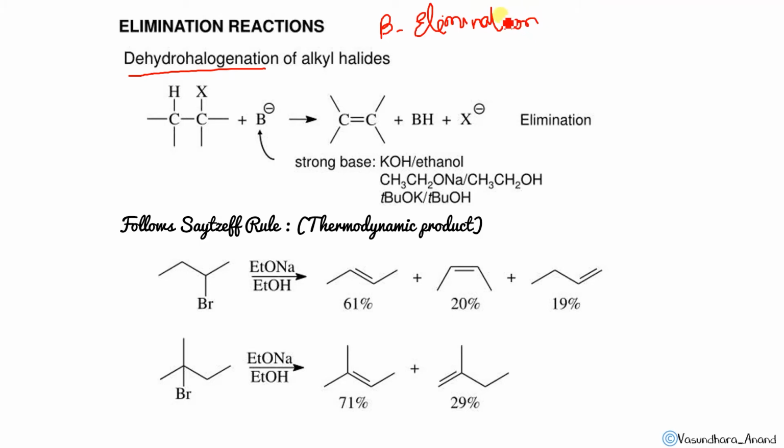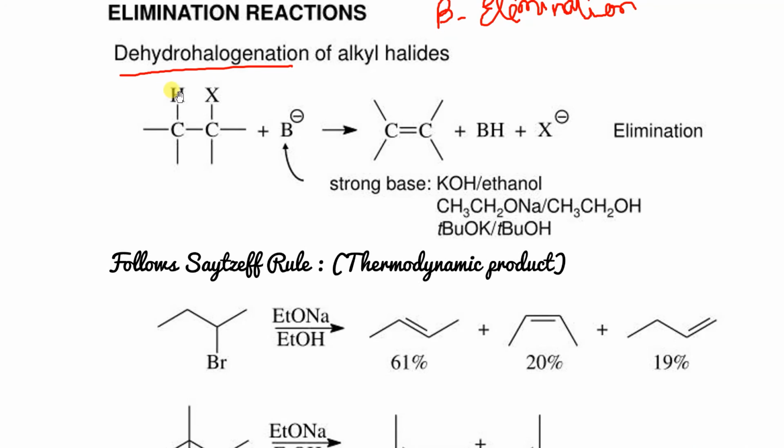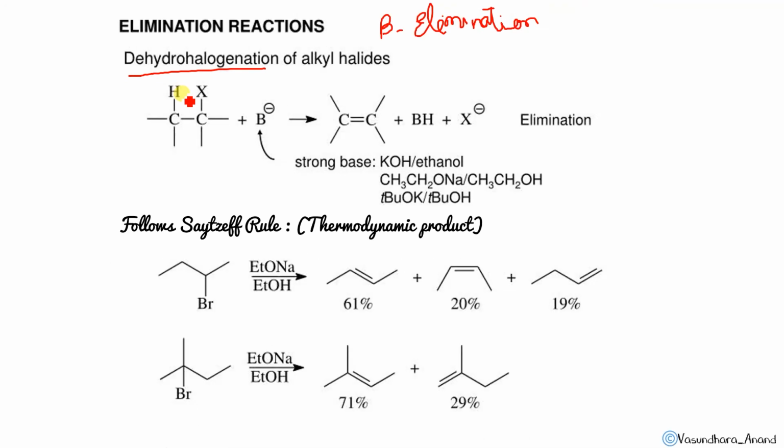Okay. So in this case, this is the alkyl halide. First, if it reacts with B minus, in short, it can be a strong base, it can be a weak base, temperature dependent, temperature not dependent. I'm going to tell you one by one. So if it reacts with the base B minus, H will come out with the base as BH, and X will eliminate out.